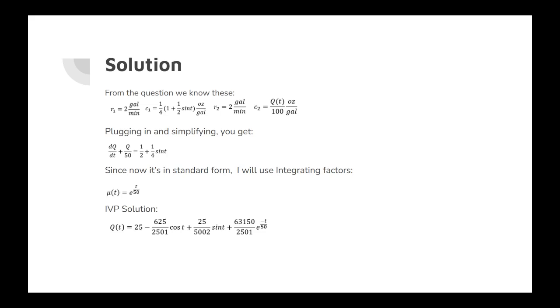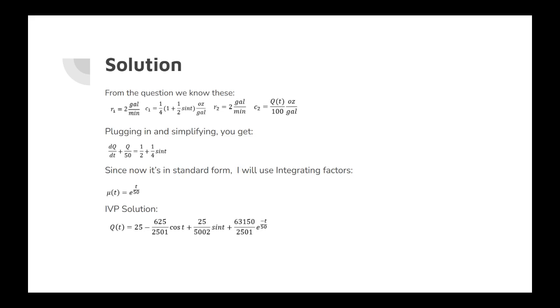I've skipped the work shown here, but basically I use the equation that she gave, which is 1 over mu(t) times the integral of mu(t) times the right side, 1/2 plus 1/4 sine t.